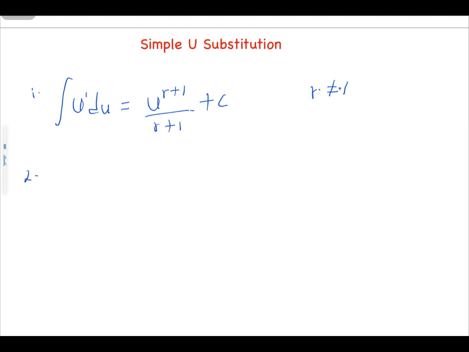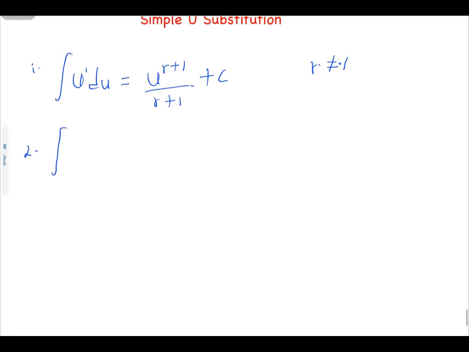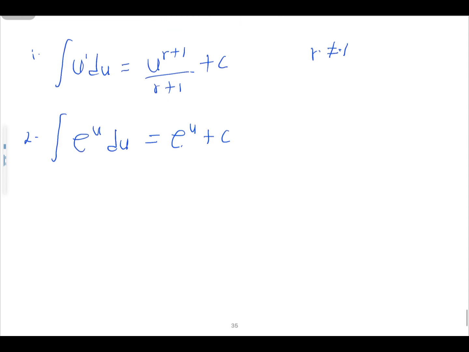The second, we also have a formula like the integral of e^u du, which is equal to e^u plus c. And then the last one that I want to write here is the integral of 1 over u du, which is equal to ln of u plus c.